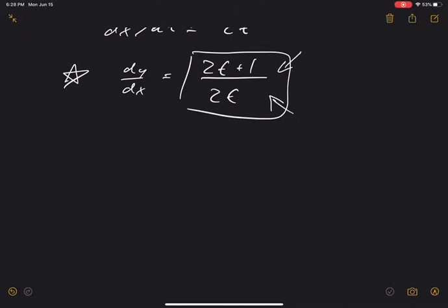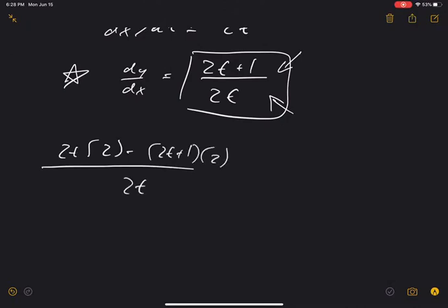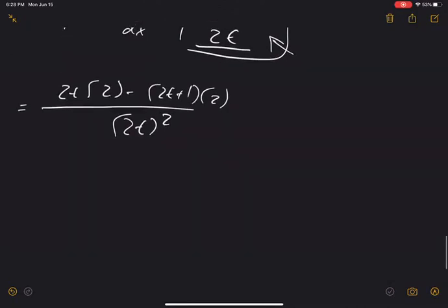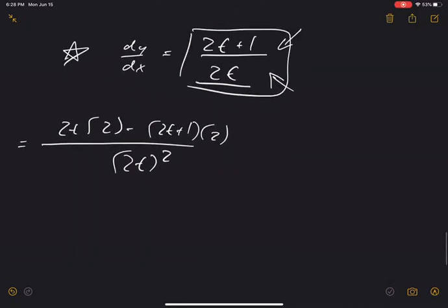It would be 2t times 2 minus 2t plus 1 times 2, all over 2t squared. That's kind of complicated. It's going to be a lot simpler if I simplify this first.